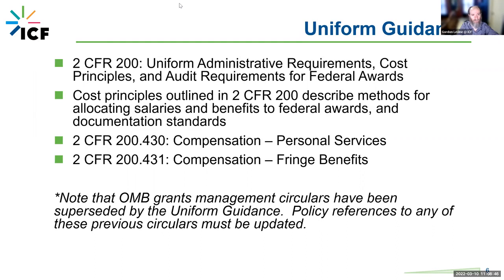Those circulars are still floating around, but all of them have been superseded by the uniform guidance. You will still see references to those OMB circulars in all sorts of strange places, including subrecipient documents, in the same way that you might bump into a subrecipient document that references the SHP program, for example. But at the end of the day, the uniform guidance is the central guidance hub.